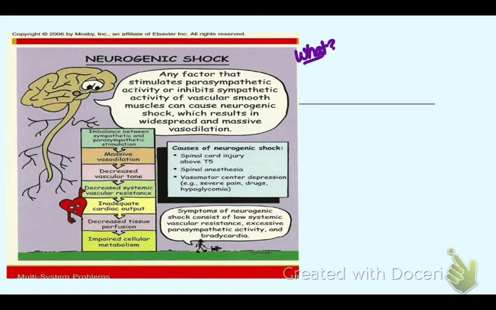It still tries to kick in and keep the body in homeostasis, but due to this injury to the spinal cord and loss of vasomotor tone, the heart rate doesn't go up. The blood pressure goes down and the heart rate goes down because of this loss of vasomotor tone. It just won't go up. So this is distributive as well.